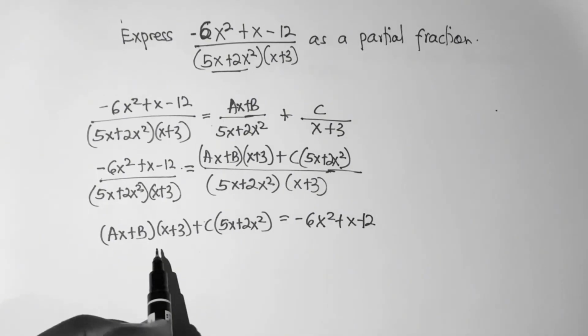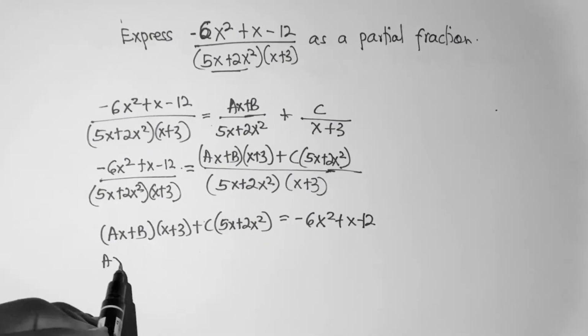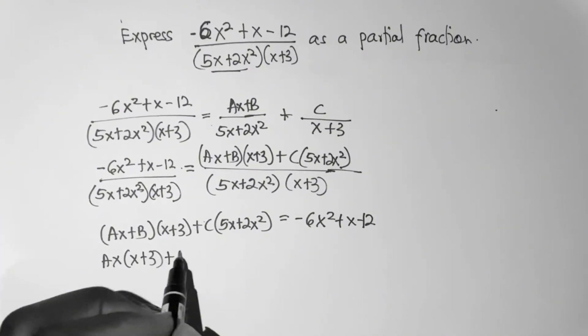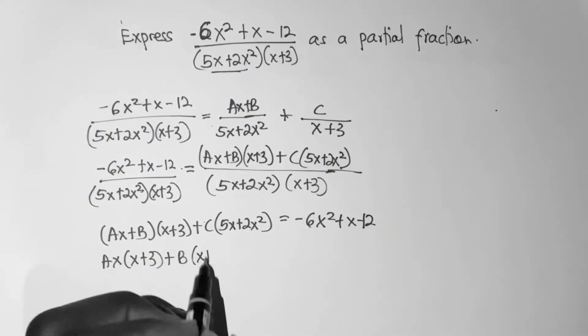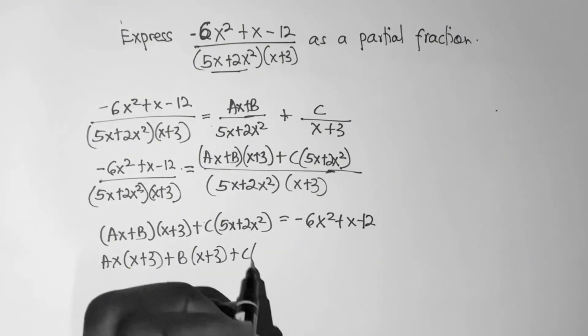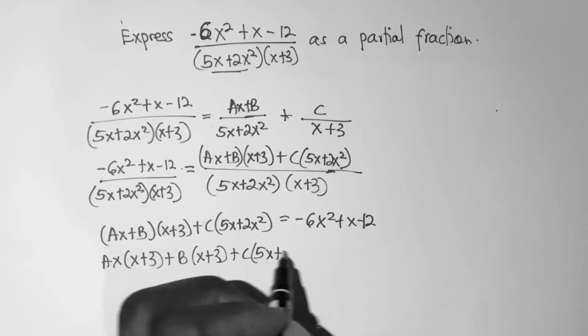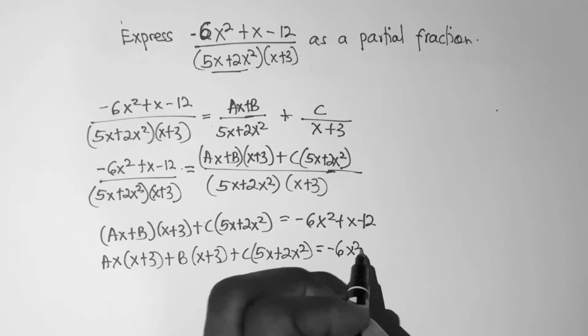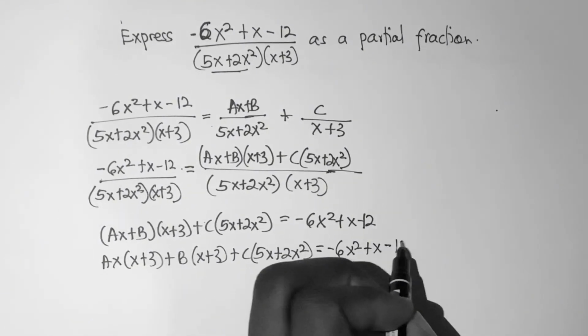Now let's expand this. Ax times x plus 3 will multiply, plus b, then x plus 3, then plus c times 5x plus 2x squared equals minus 6x squared plus x minus 12.